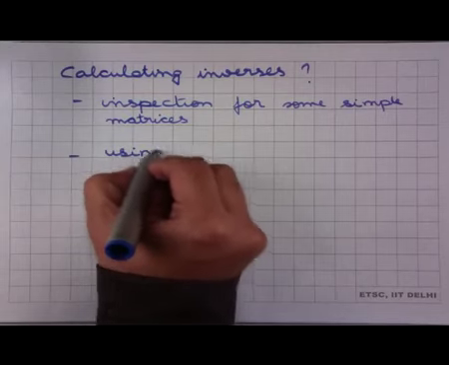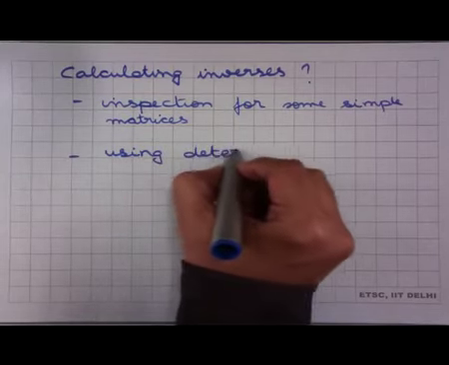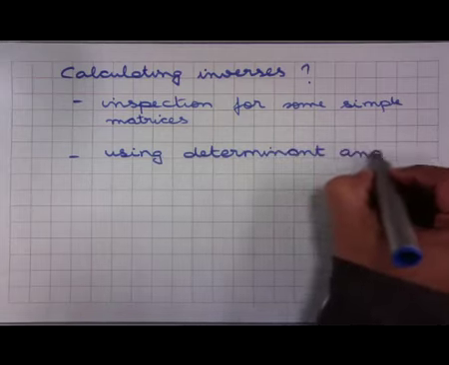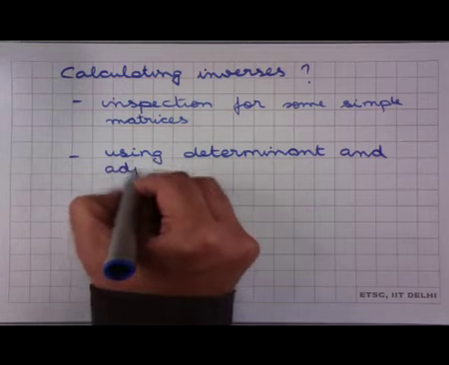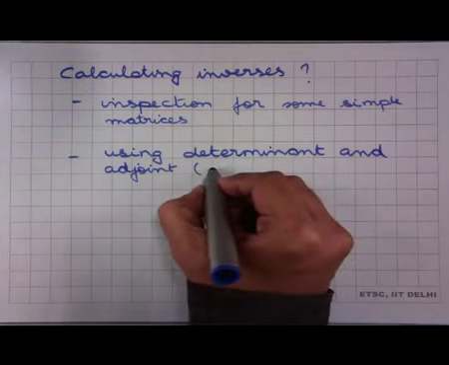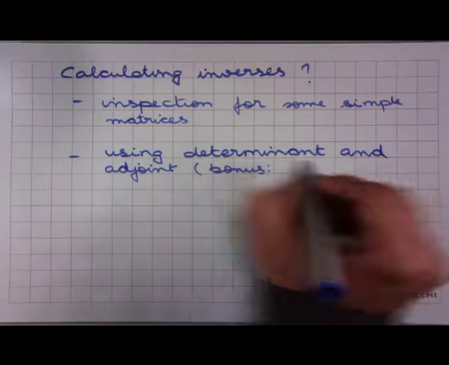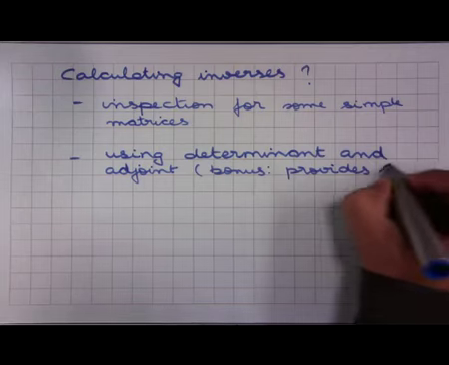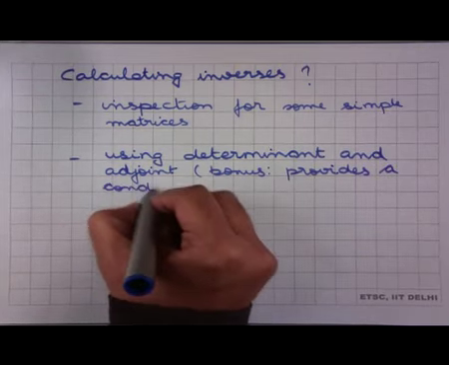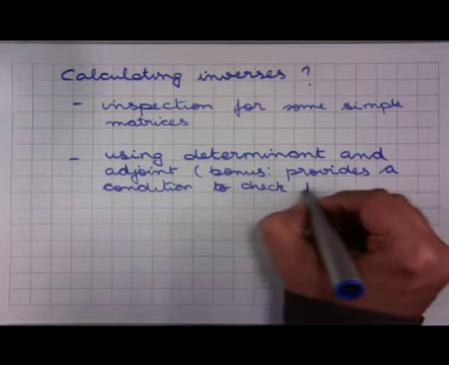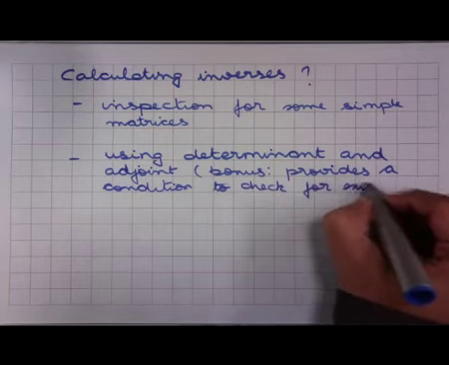So, the bonus here is that the determinant and adjoint provide a condition to check for existence of an inverse.